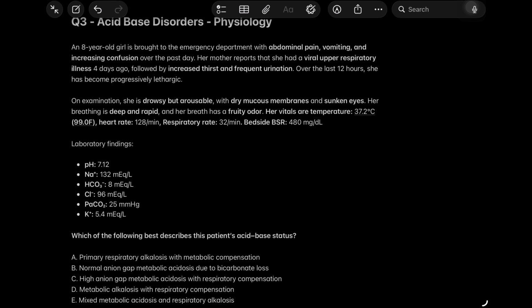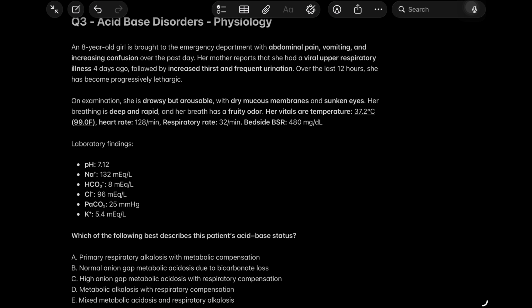Now, more often than not, this sort of vignette is associated with diabetes type 1, especially the fruity odor part. All of these things combined would lead one to the diagnosis of diabetes type 1, especially her fruity odor breath.